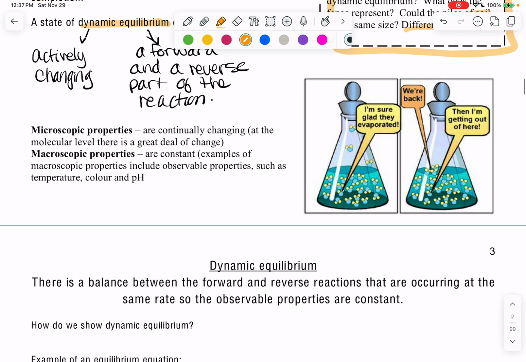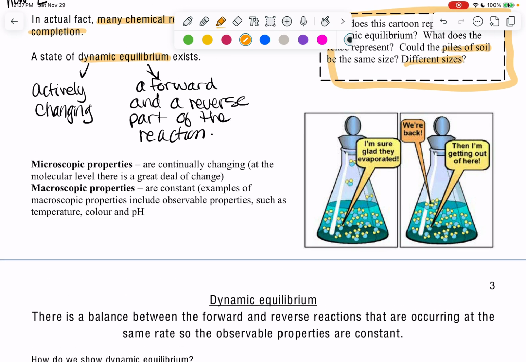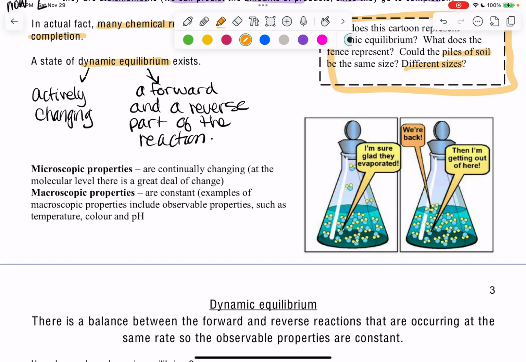When we talk about equilibria and we talk about chemical reactions, we talk about the things that we can see and the things that we can't see. So microscopic is things that we can't see. Too small. So our microscopic properties are things that are continually changing in our reaction.